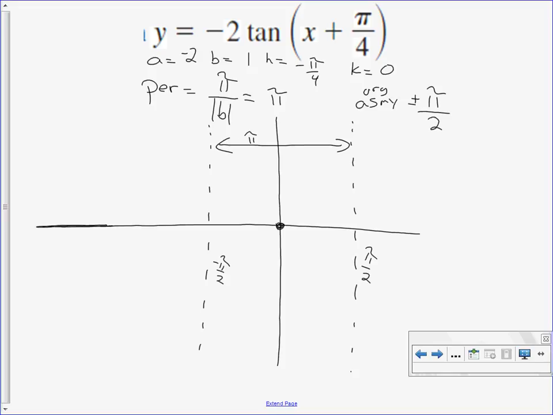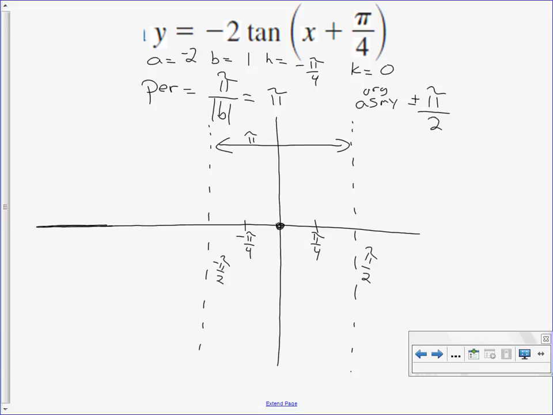Remember, the critical values for the tangent parent function occur between 0 and the asymptote, and between 0 and the other asymptote. So what's halfway between 0 and pi over 2? And then negative pi over 4. And now what occurs at those halfway points?